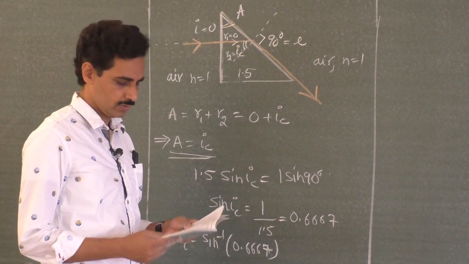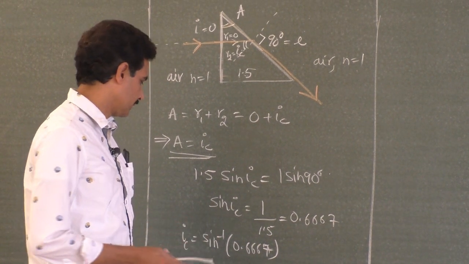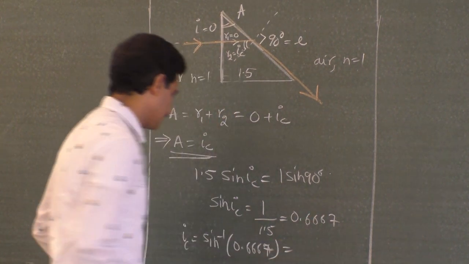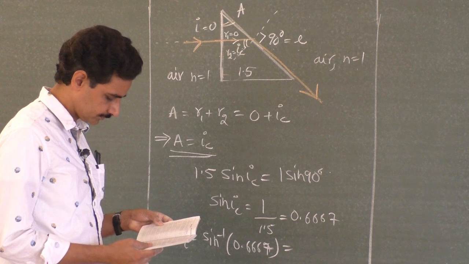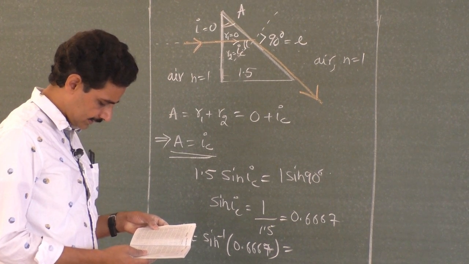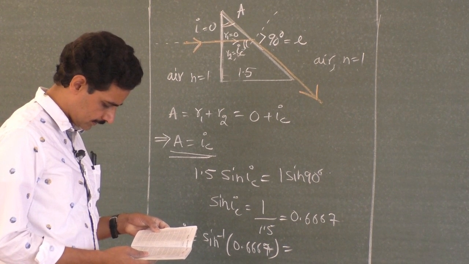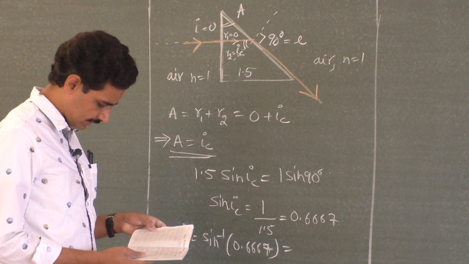You have to get into the natural sine table and search for 0.6667.